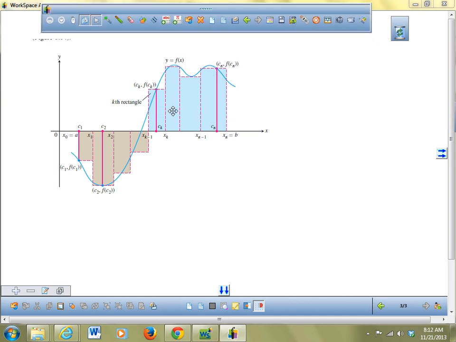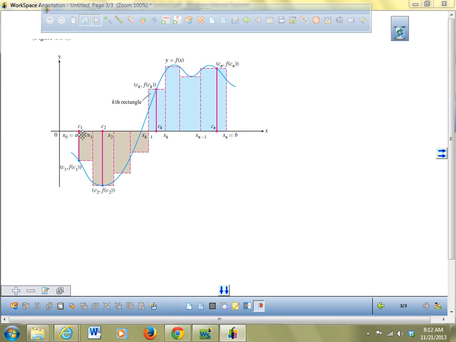Okay, so c sub k, c is the point within this interval. An interval from here to here is called delta x. So you have tons of little delta x's that you're adding up. There's one delta x from here to here. There's another delta x from here to here.